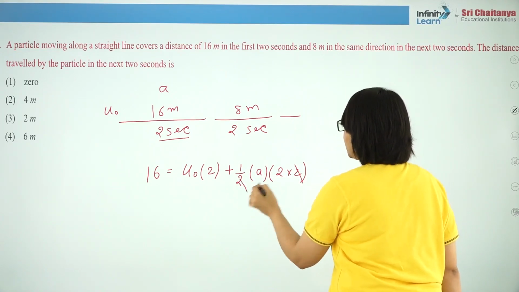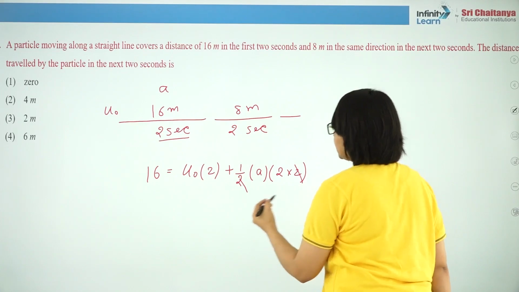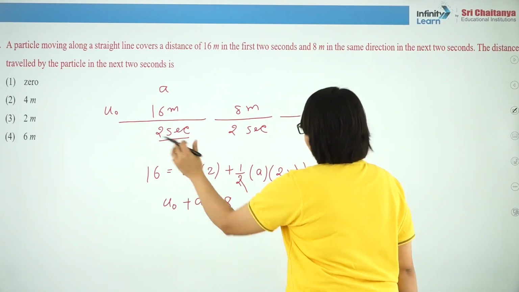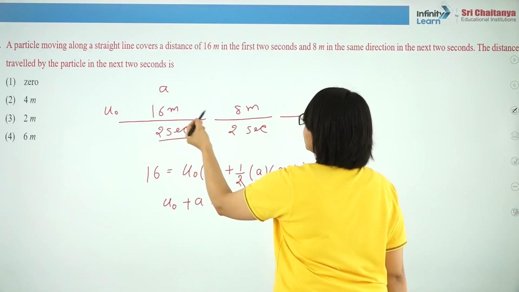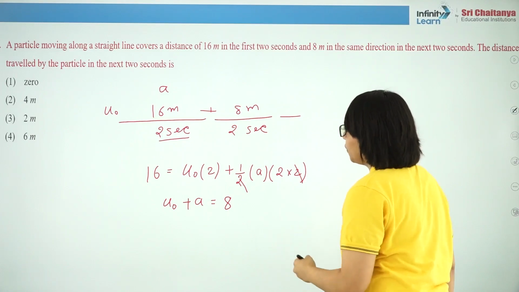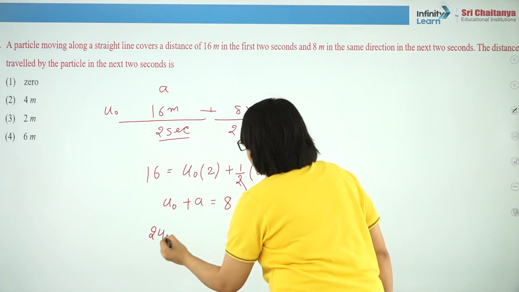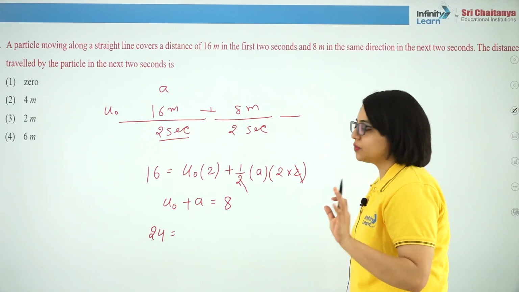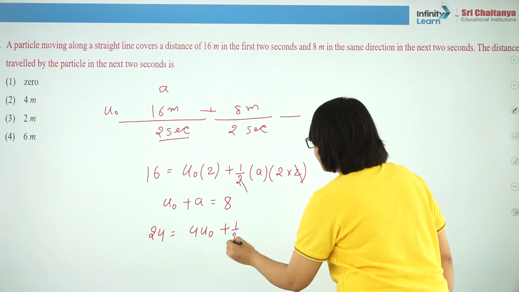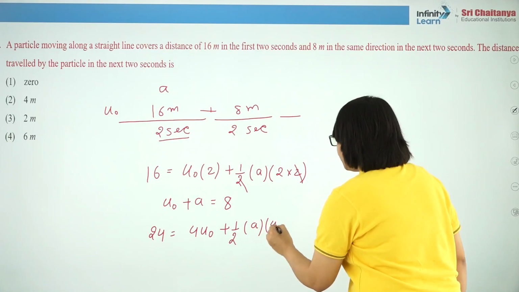So, we have 2a + 2u naught = 16. So, you can write u naught + a = 8. Now, for the first 4 seconds, total distance covered by the particle is 16 plus 8, which is 24. So, you can apply this equation for the 4-second time interval, which is 24 = 4u naught + 1/2 a into 4 into 4.